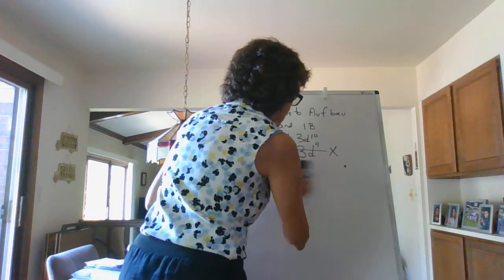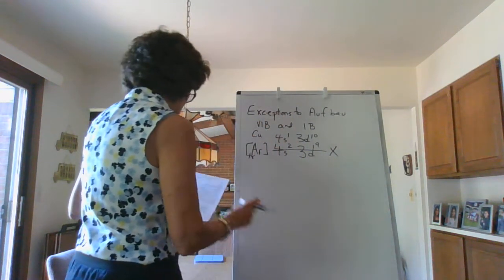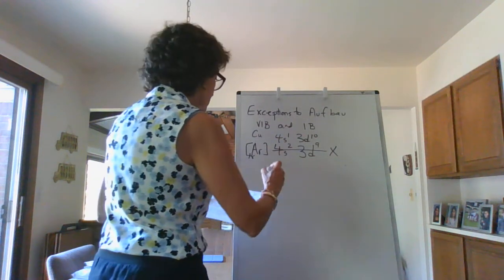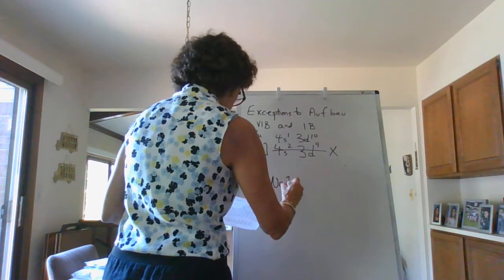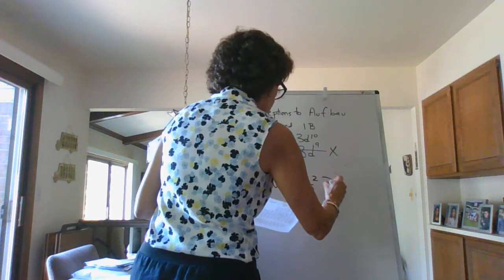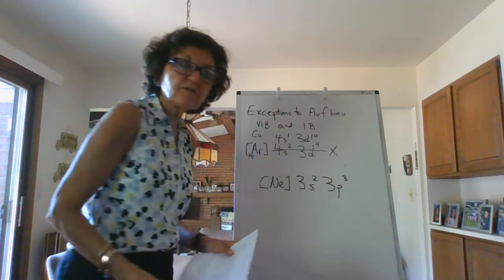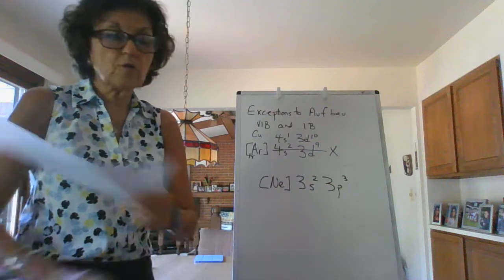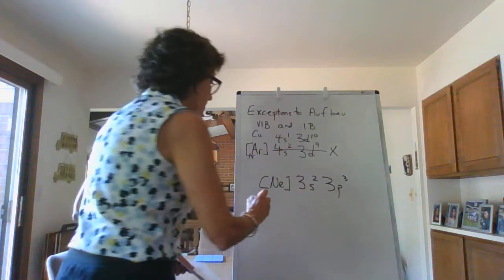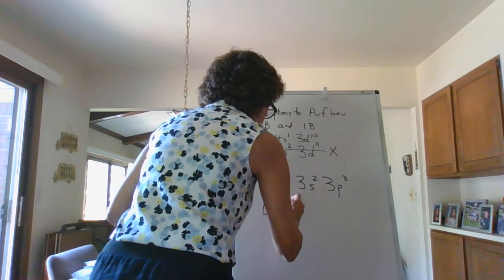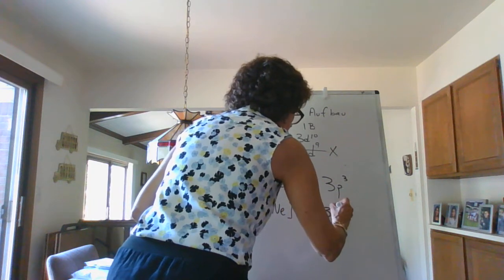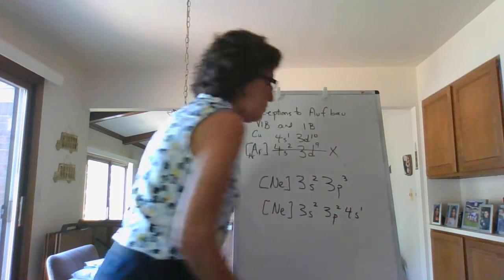If you have an excited state, for example, let's say we've got phosphorus. Phosphorus would be neon 3s2, 3p3. That's what phosphorus is. That's the ground state of phosphorus. No exceptions to Aufbau. What if an electron got excited and it's neon 3s2, 3p2, 4s1.